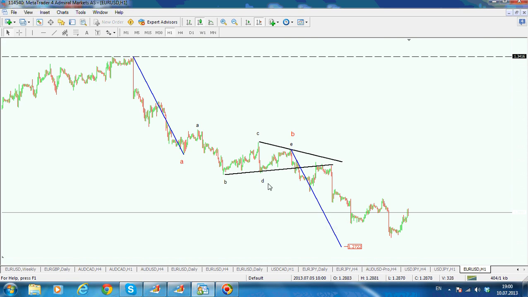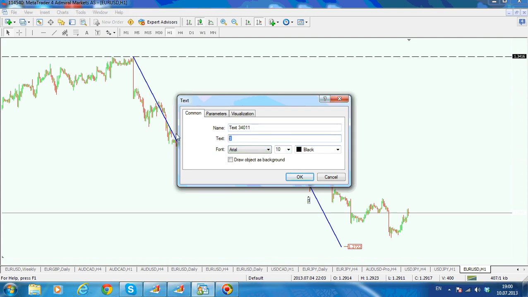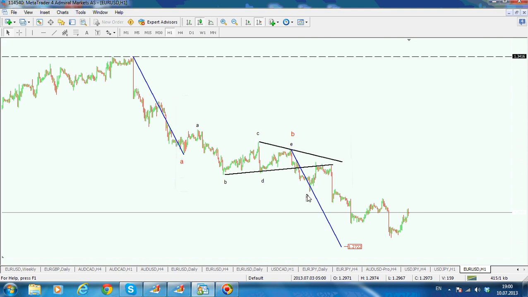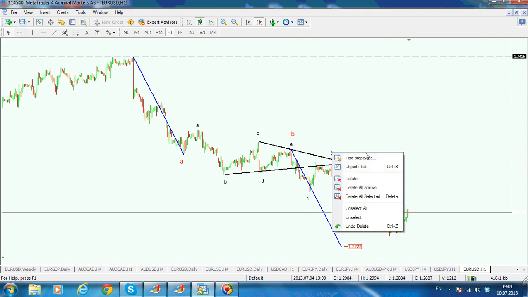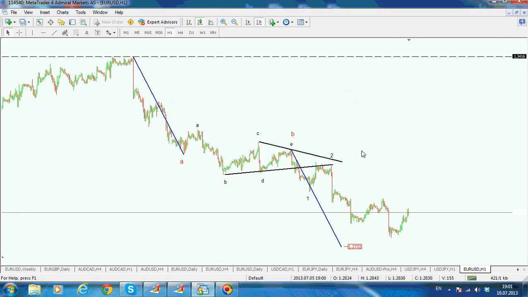The other one, let's say, A, 1, 2, not here, but 2 probably here. Now, if you take this for being another impulsive move, you also need the third wave to be extended.